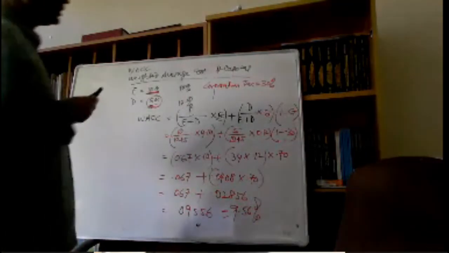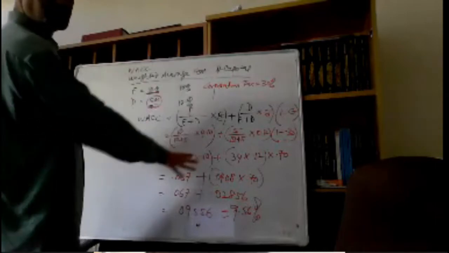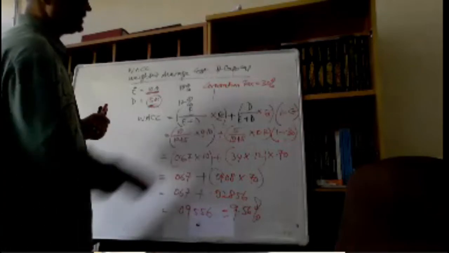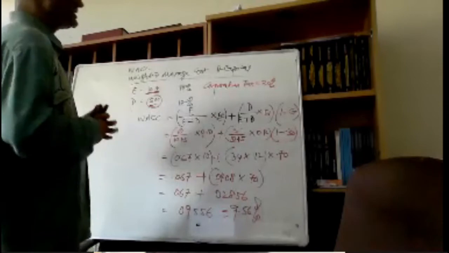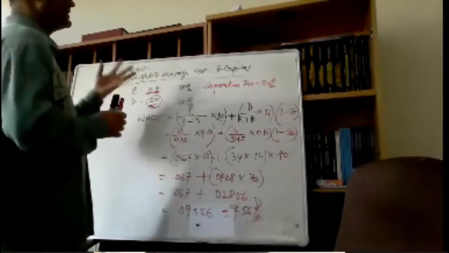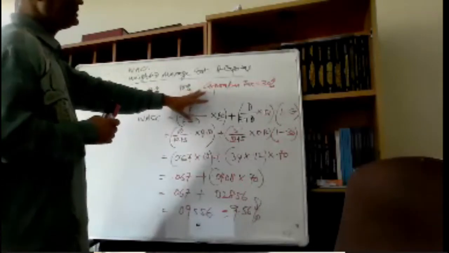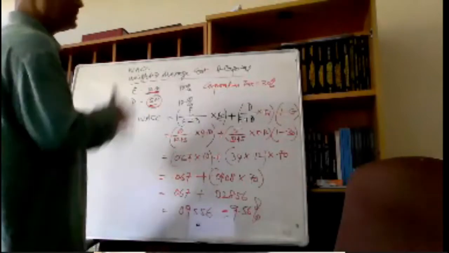This is the actual case, because every country has corporation tax, and we have to take the corporation tax into account in the calculation. But sometimes in class or in the exam, we may not give you the corporation tax percentage. In that case, you don't have to use this. But most of the time, we give you the real case.